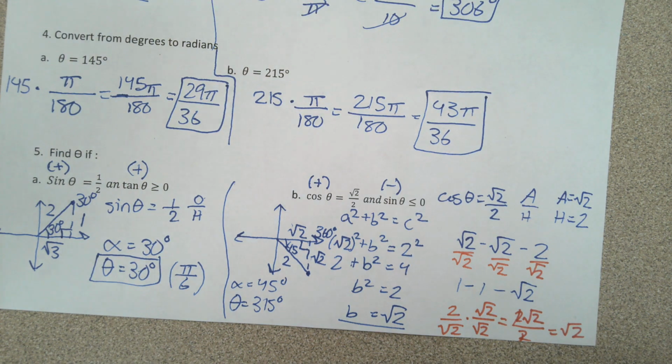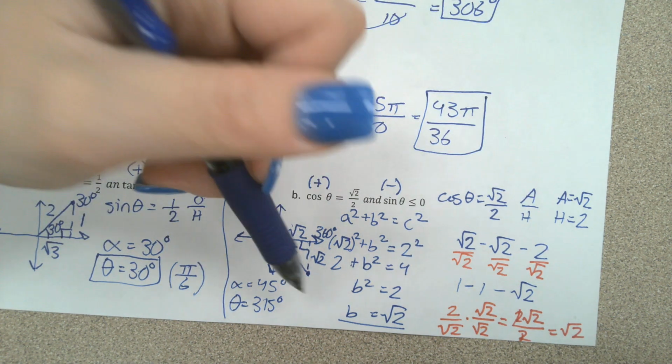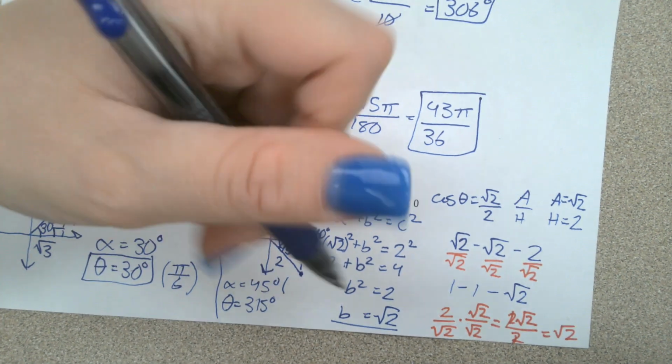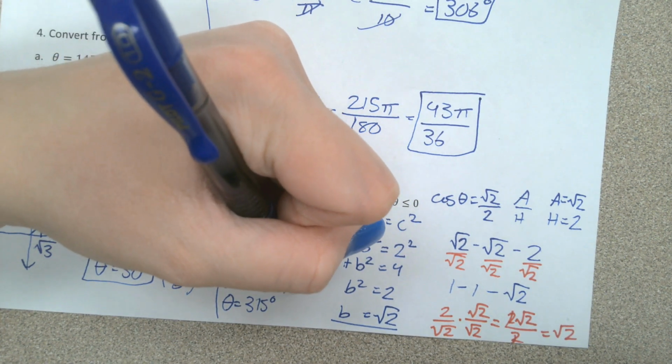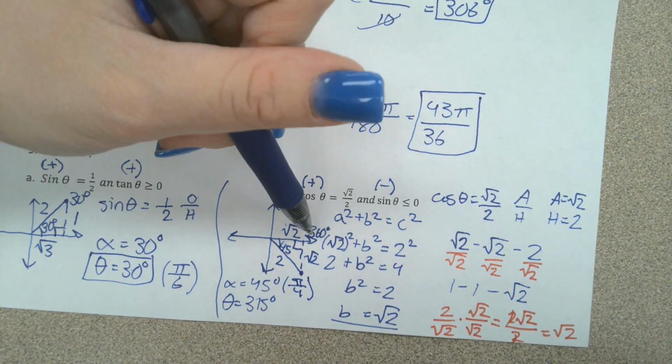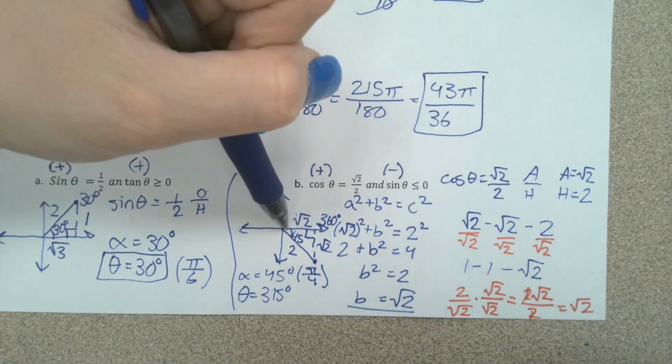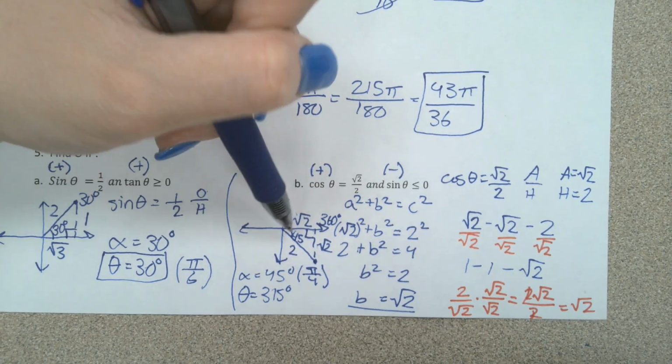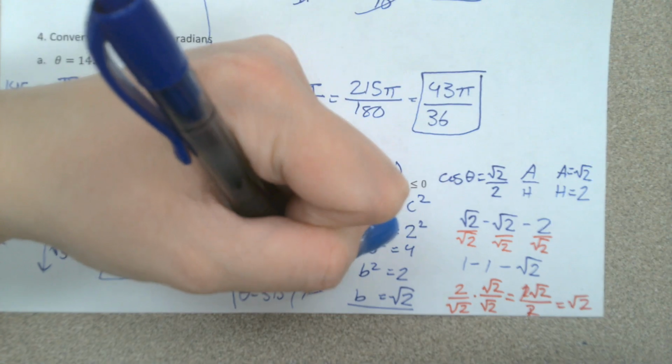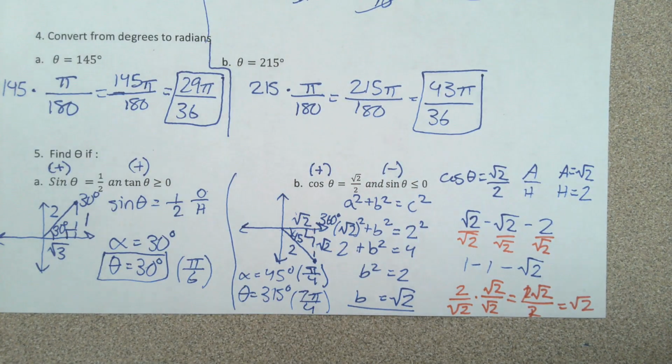Now, if we did radians, 45 degrees is the same thing as pi over 4. So if this is 2 pi, this would be 8 pi over 4, this would be 7 pi over 4. Just an FYI if we did radians instead of degrees. But obviously degrees are easier.